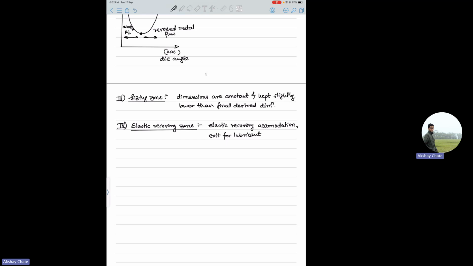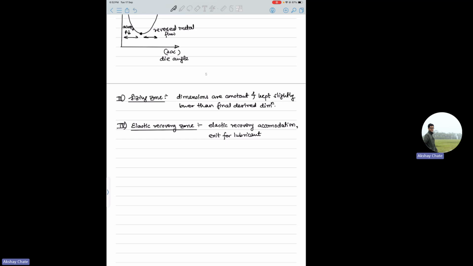So finally the lubricant has to also come out. Otherwise, if the lubricant gets trapped, there will be surface effects, etc. Those are the purposes for keeping the slightly larger exit or elastic recovery zone. So this is the basics about drawing.